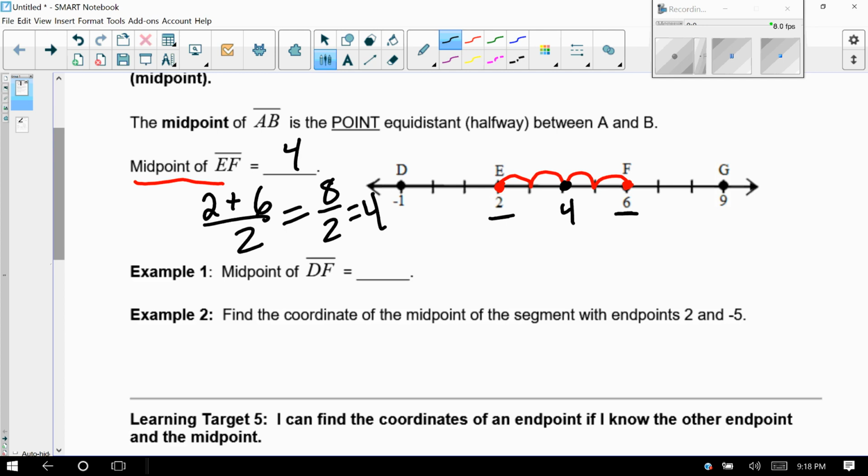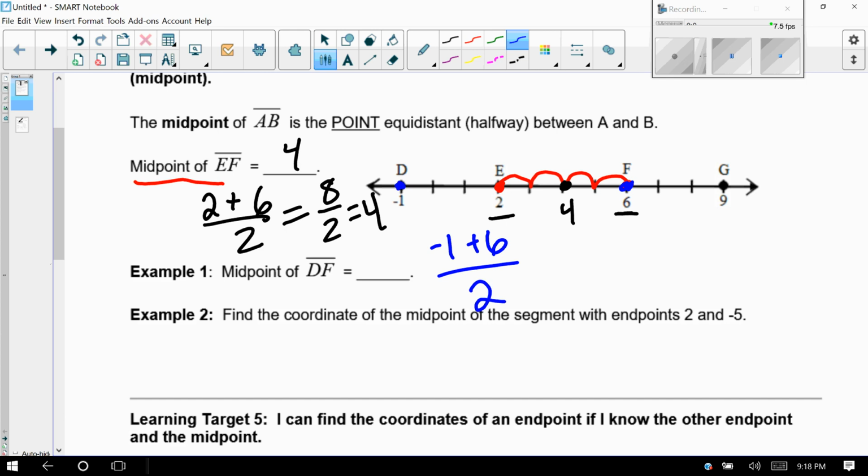So example 1 says, what is the midpoint of DF, right? And this is a really good case. D, I'm going to circle in blue. D is right here at -1, and F is still at +6, right? So I'm going to use my formula. I'm going to say -1 plus 6 divided by 2.